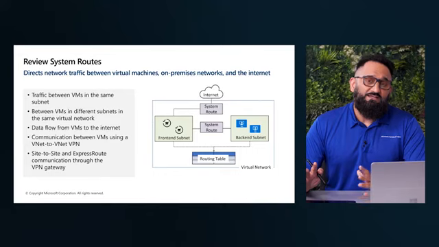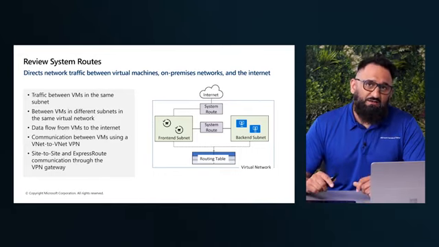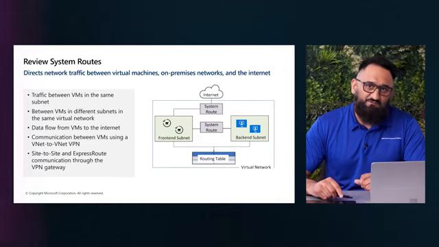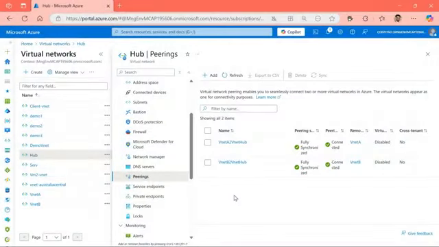Now let's have a quick look at an existing system-defined route that we have for one of the virtual machines that we have in our hub VNet. All right, as we're back in the portal, we can see we have our hub paired to VNet A and VNet B already. So we have the hub and spokes connected. Now, to begin with these details, let's go into the resources that I have working within that environment.